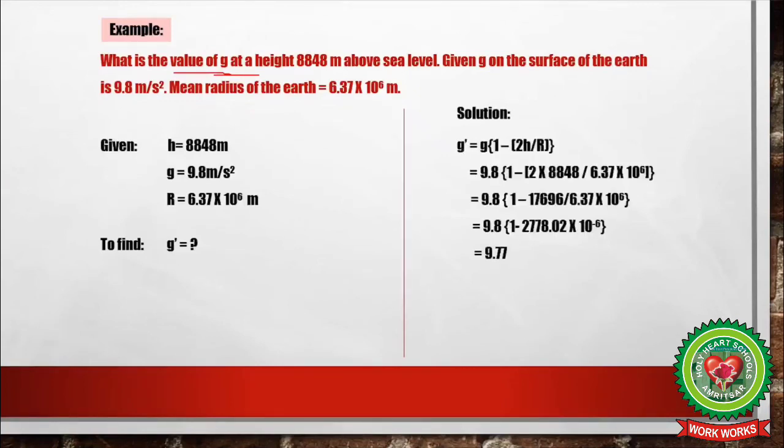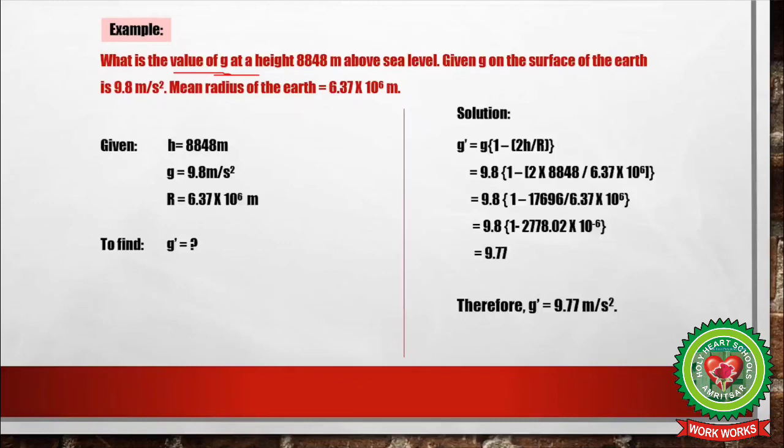As we know that g' = g(1 - 2h/R), g value is 9.8, 1 - 2 × 8,848 meter divided by 6.37 × 10^6. After solving this, we get g' = 9.77 meter per second square.